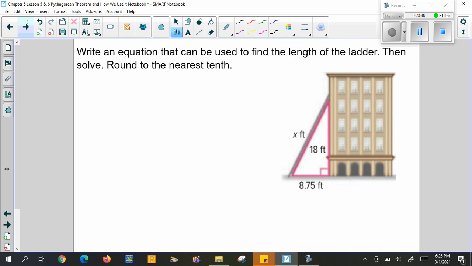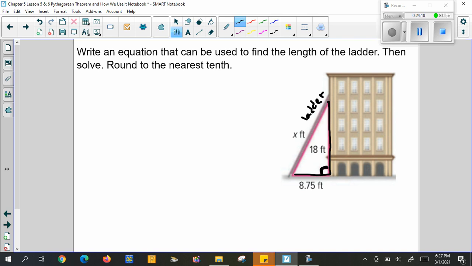Write and solve an equation that can be used to find the length of the ladder, then solve. Round to the nearest tenth. What we have is a ladder being leaned against the side of a building. Now, buildings are, for the most part, perpendicular to the ground, which forms a right angle.